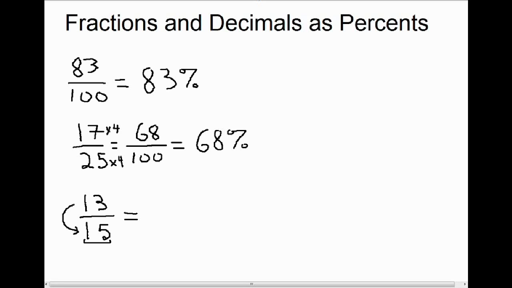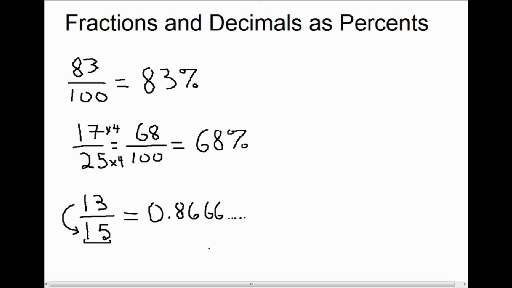So the division question here is 13 divided by 15. And when we answer that question, we probably need a calculator to answer that question. And when we use our calculator to divide 13 divided by 15, what we find is we get 0.866666, and that 6 repeats forever.